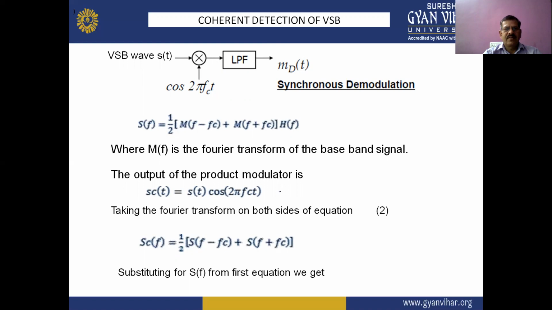So S(f) equal to 1/2 [M(f - fc) + M(f + fc)]H(f), where M(f) is the Fourier transform of the baseband signal.